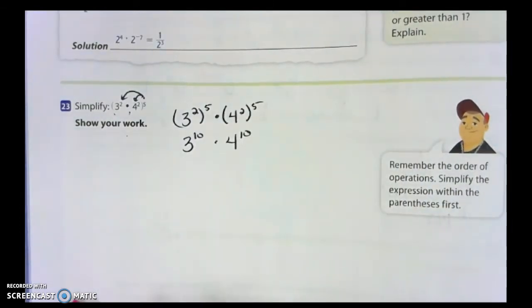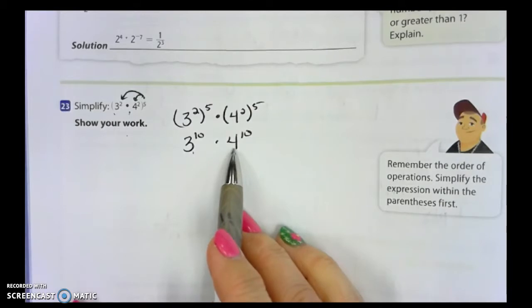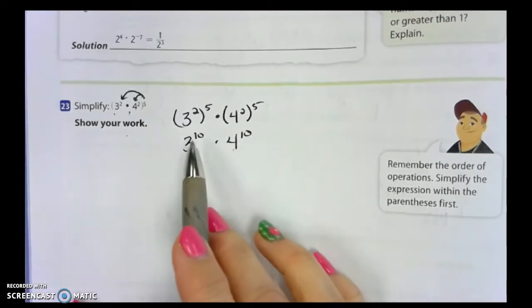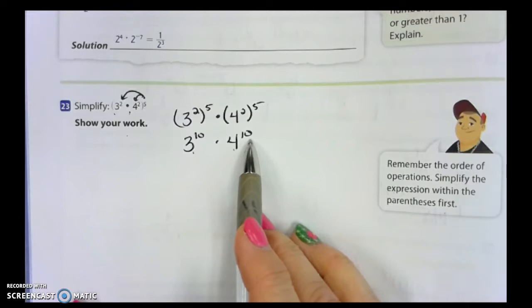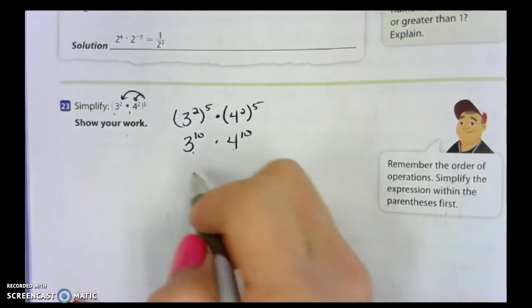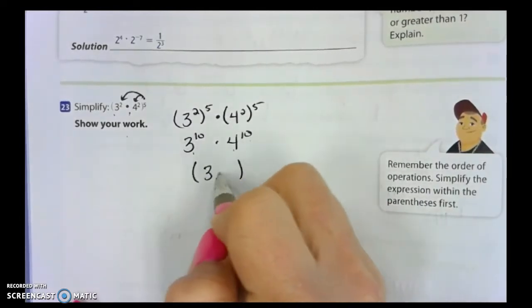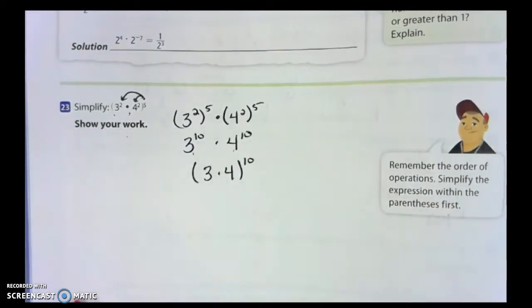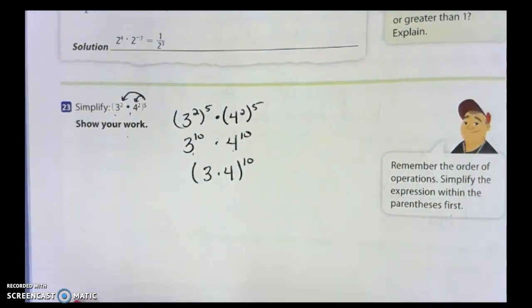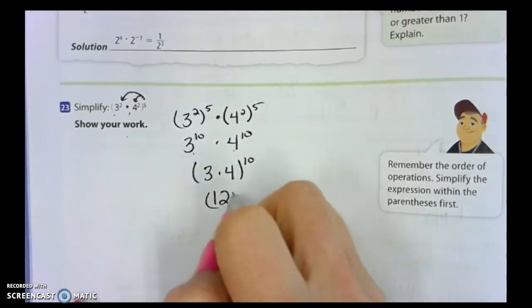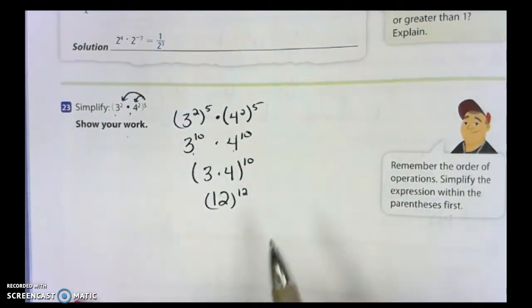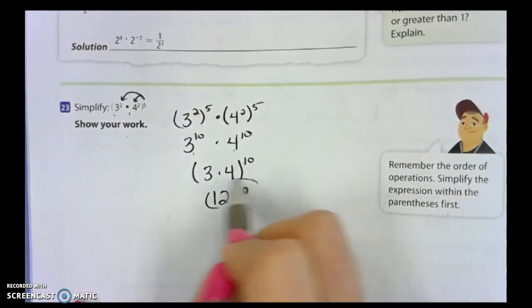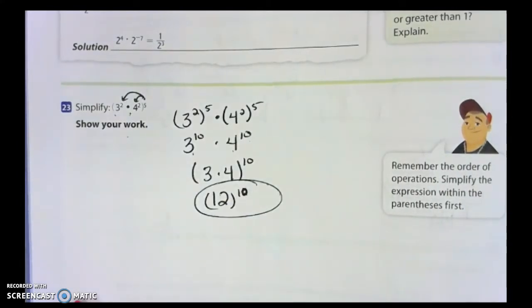Now what you should notice is that I do not have like bases and they cannot be combined. But I do have like exponents, so those could be combined. I'm going to pull those 10s off, put my bases in parentheses with an exponent of 10. And then 3 times 4 makes 12. 10, not 12, sorry. So that would be simplified form, 12 to the 10th power.